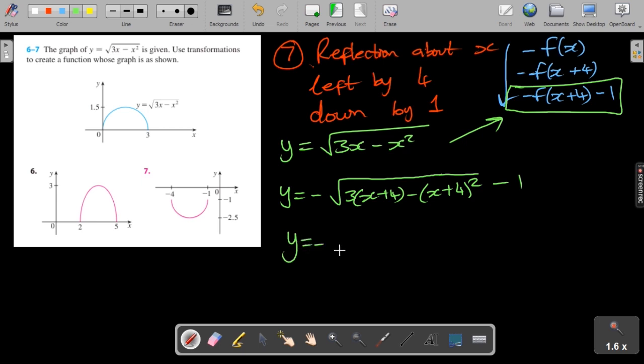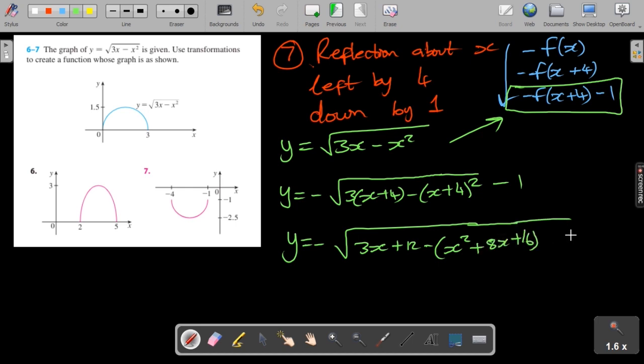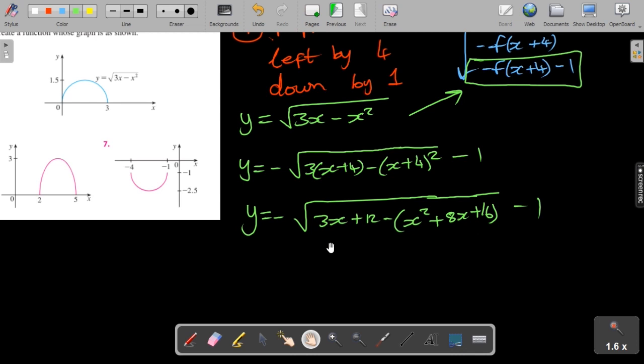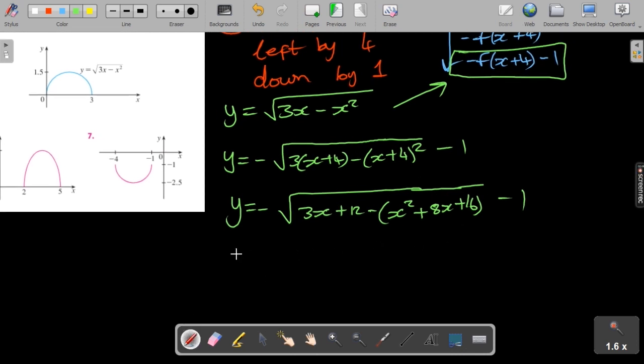So we have a negative on the outside. And in here, we have 3x plus 12 minus x squared plus 8x plus 16. Then all of that minus 1. So the minus 1 is not in there. It's after all of that has been done. Then we can continue.